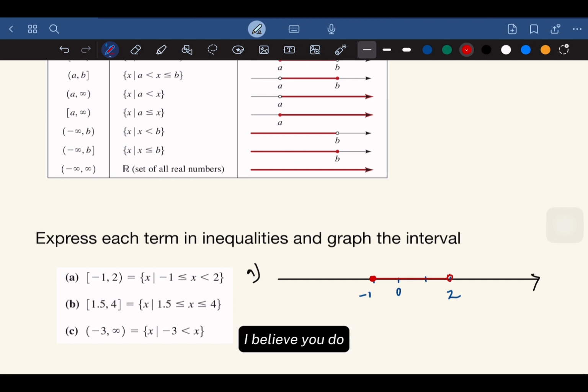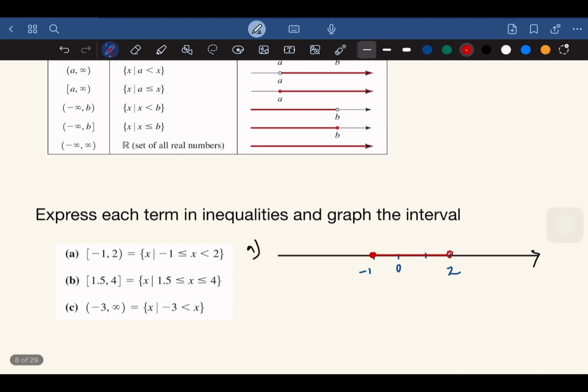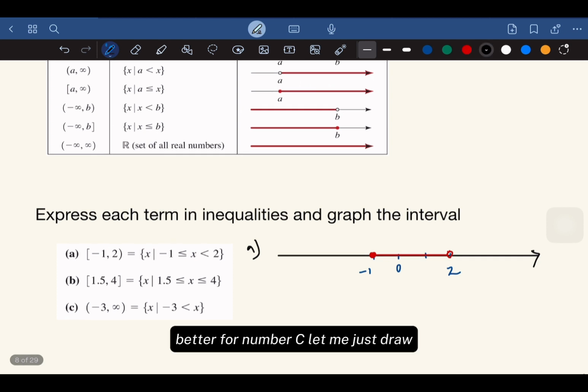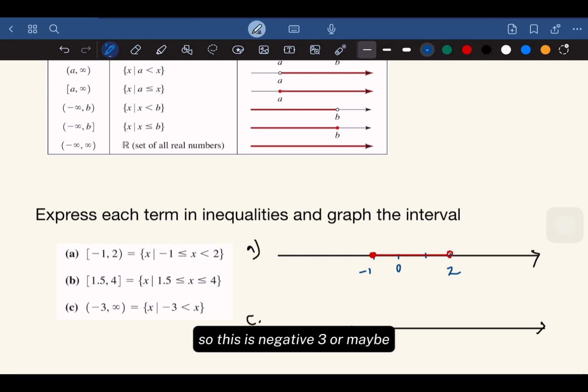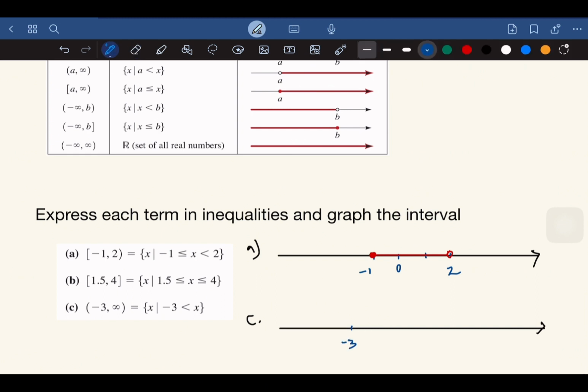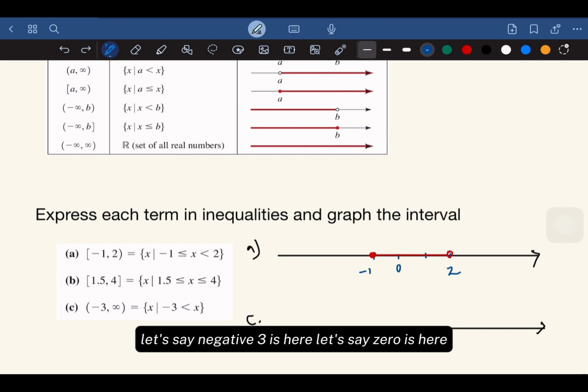I believe you can do the same thing with number B, but for number C, let me just draw. So this is -3, let's say -3 is here, and 0 is here.